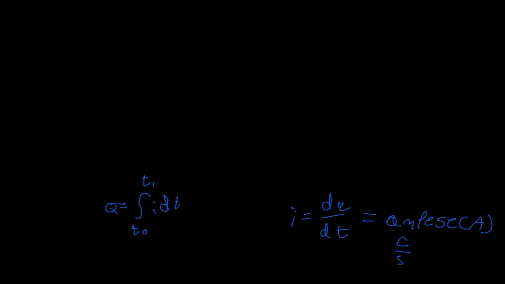So let's say I have an equation for charge to be Q equals 1 minus e to the minus 2t in millicoulombs. And we want to find the current when t is equal to 1 second. So what we're going to do is take the derivative of the equation for my charge, or this 1 minus e to the minus 2t millicoulombs.